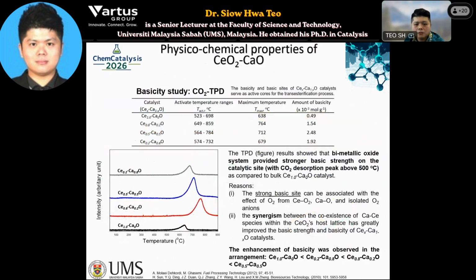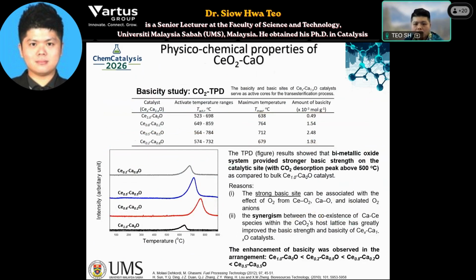Besides surface area and crystalline size, another important property for a transesterification catalyst is the basicity. To evaluate the basic strength of the synthesized catalysts, carbon dioxide temperature programmed desorption analysis was performed.